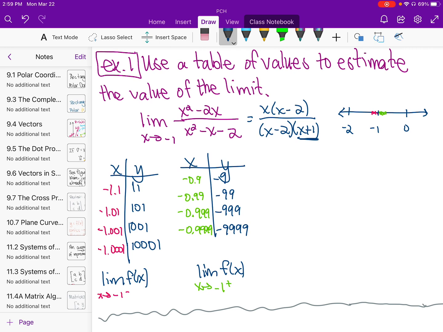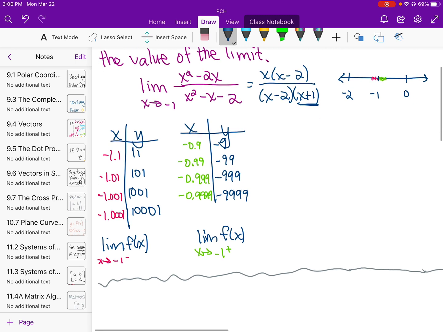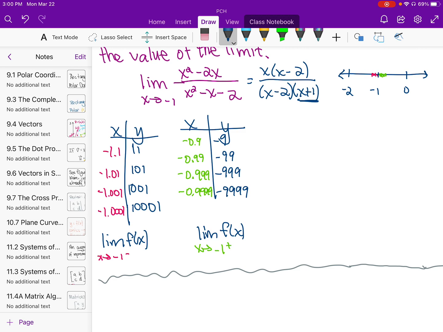right? And remember, I mentioned this in the last video. I'm not talking about getting just kind of close to -1. I'm talking about -0.9999999999999999999 forever, right? Well, you can see in the 0.99 table there's as many 9s in the y value as there are in the x value.